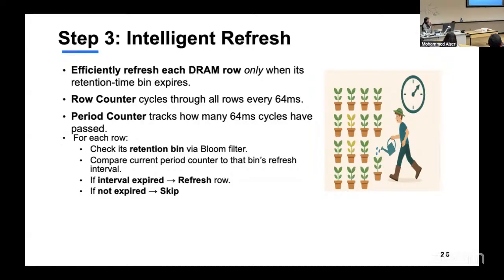And then it will compare with the current period counter. Since it is already tracking how many 64 milliseconds have passed, it will compare the current period counter to the bin's refresh interval. If the interval has expired, it will refresh. If not, it will just skip that row. And this process will be continuously repeated for every row at a proper rate.